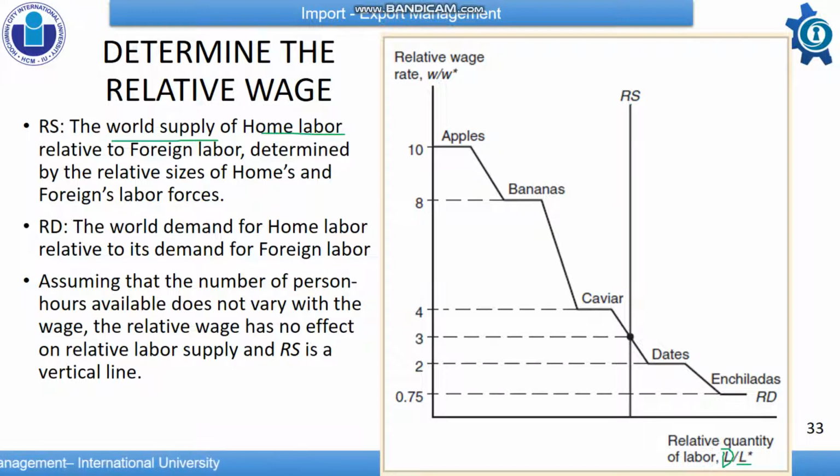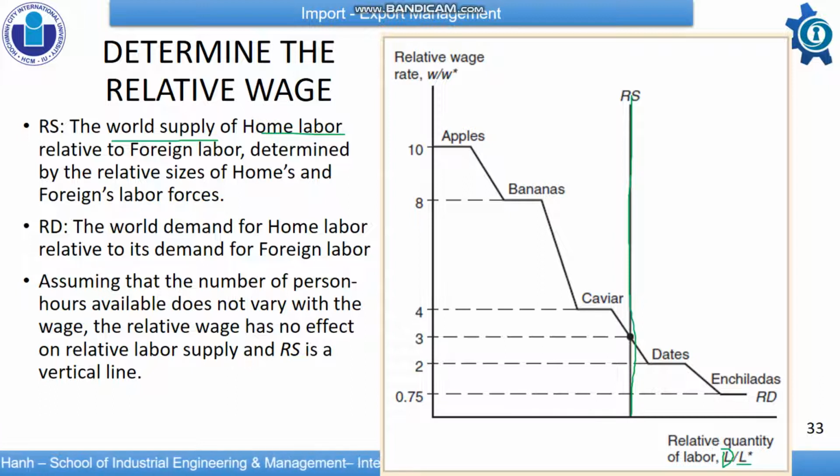We assume that the number of person hours available in each country does not vary with the wage. The relative wage has no effect on the relative labor supply. That's why RS is a vertical line.